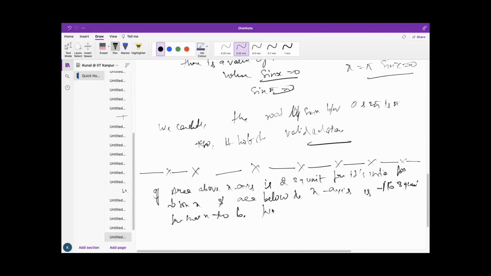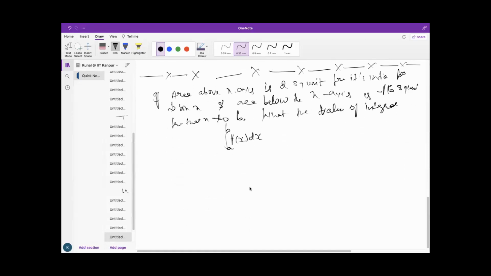So what's the value of the integral of f(x) dx from a to b? We know our final integral value will be the summation of the areas. So it will be 2 minus 16, which is minus 14 square units.